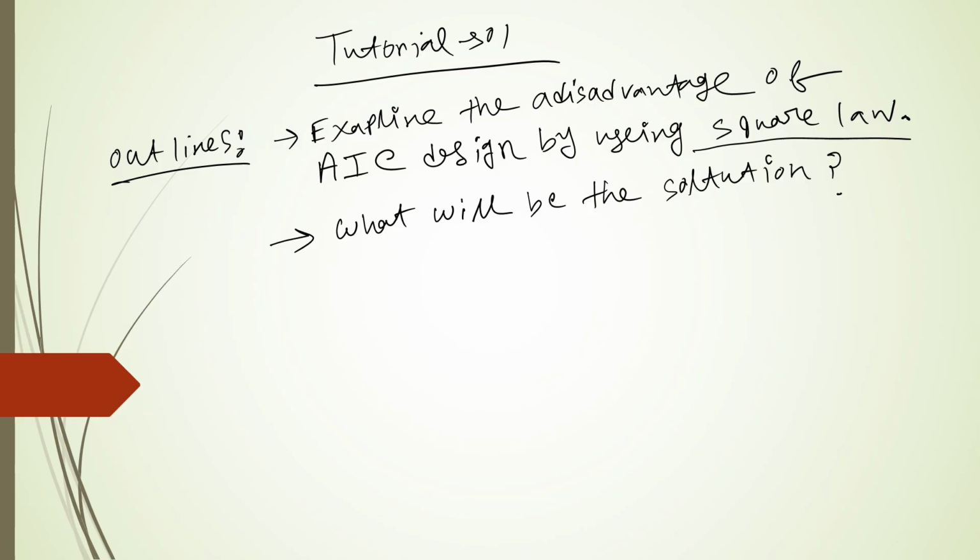So, let us discuss what is wrong with our conventional design technique. Whenever we design something in our simulation tool, we need to have some circuit diagram, and based on the circuit diagram we will design the circuit by using some calculation.